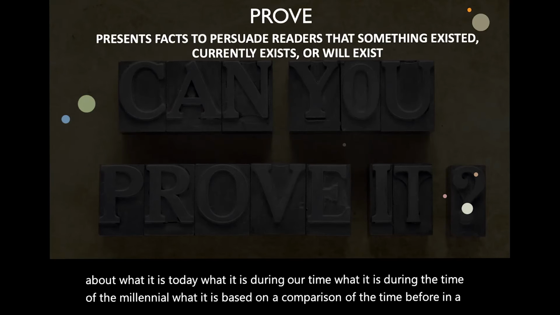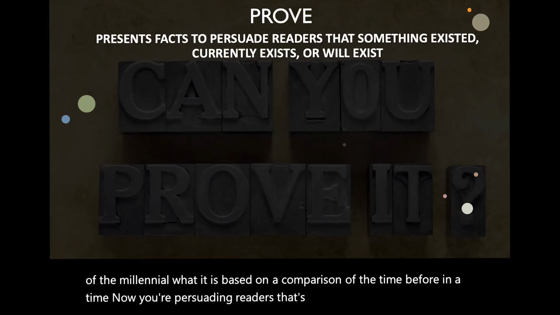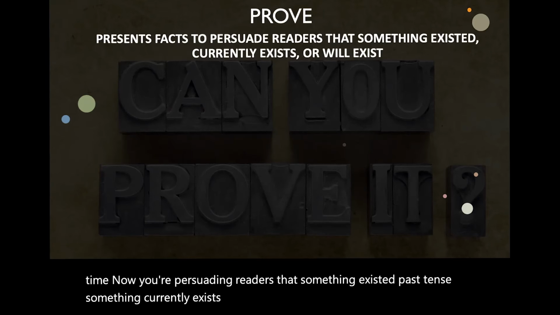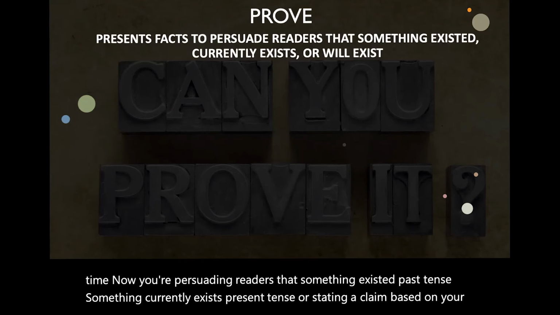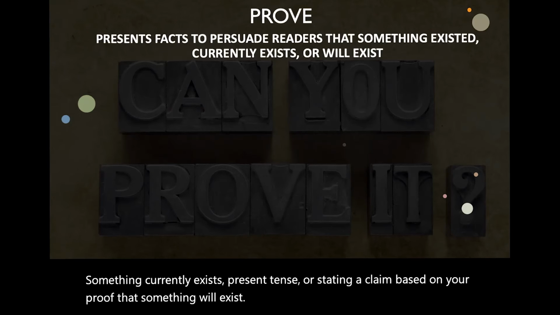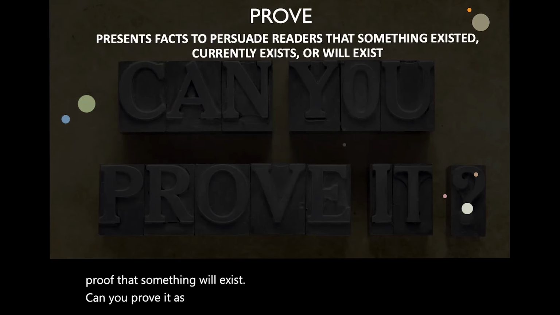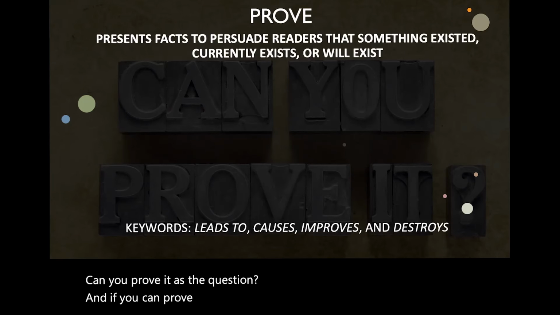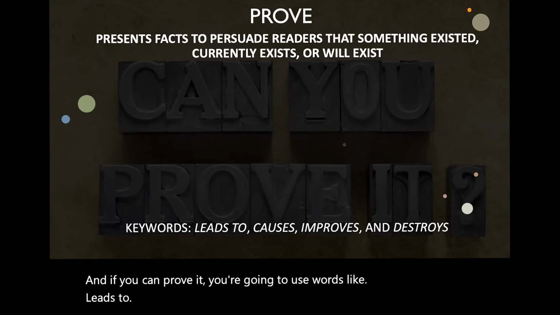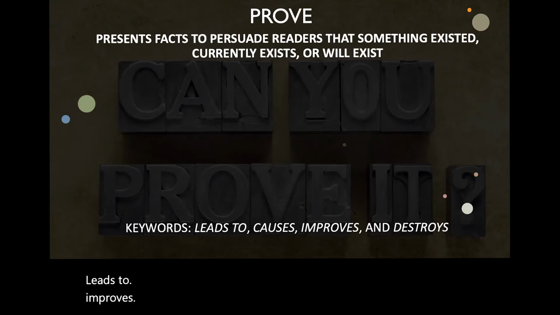You're persuading readers that something existed, past tense, something currently exists, present tense, or stating a claim based on your proof that something will exist. Can you prove it is the question. And if you can prove it, you're going to use words like leads to, causes, improves, destroys. Leads to, causes, improves, and destroys.